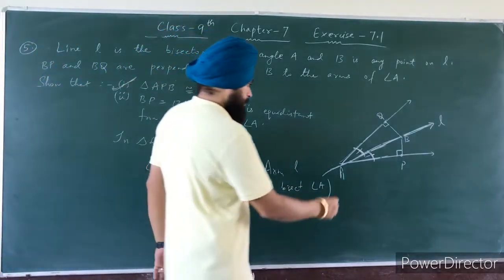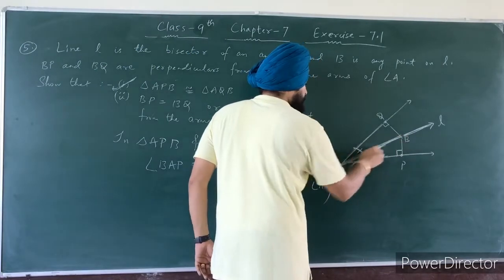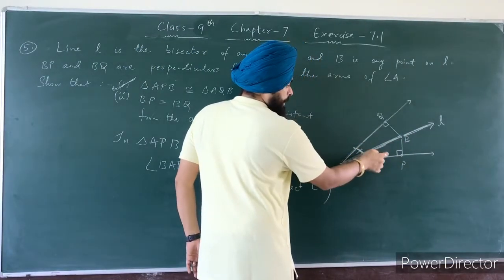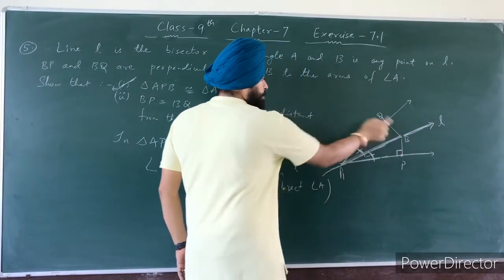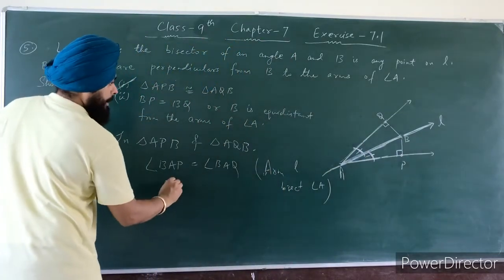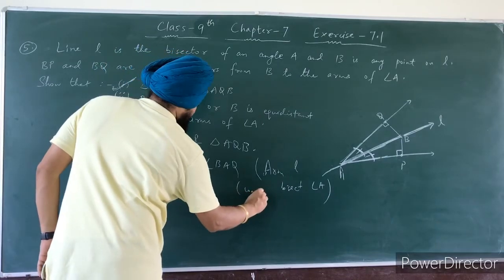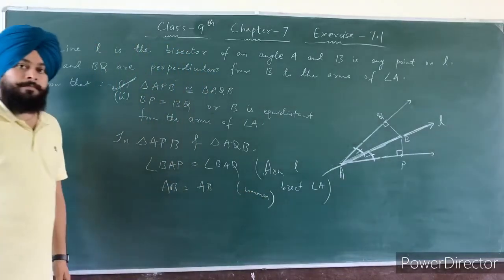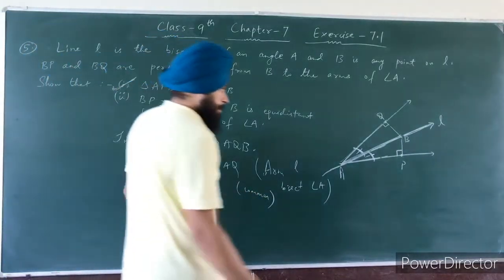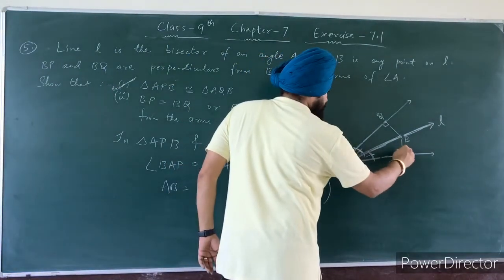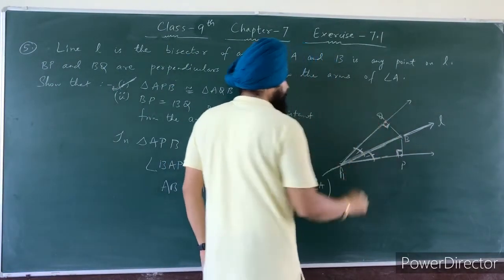Second is AB. AB is common in both triangles APB and AQB. So write AB equals AB. Reason: common. And the third one is already given. This angle is 90 degrees and this is also 90.